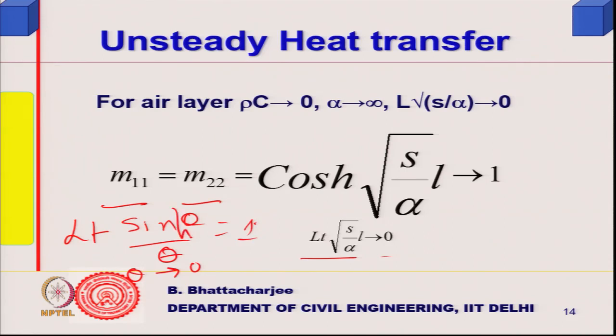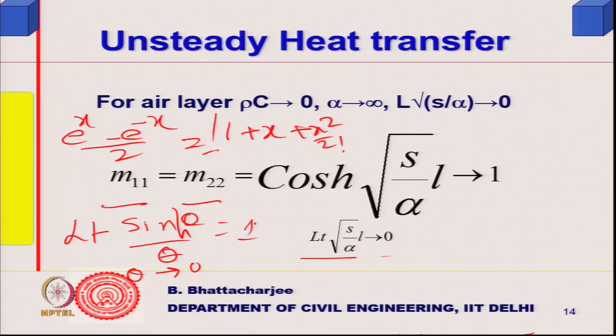Similarly, I can show that for sin hyperbolic, because it was e to the power x minus e to the power minus x divided by 2, and I have now 1 plus x square by factorial 2, etc., anyway half is outside, and write 1 minus x plus x square by factorial 2, and then x cube, and so on, those terms.